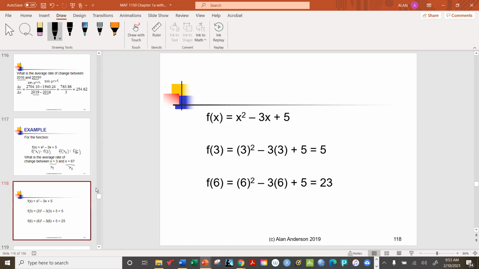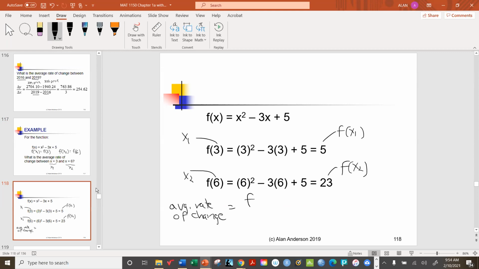So here's the original function. So if we think of this as x1, this is x2. This is now f of x1. We plug in the 3 and we end up with 5. This is f of x2, which, now remember, you see here we plugged in 6 for x and we ended up with 23. So the average rate of change, and in this case, we're going to use the following notation.